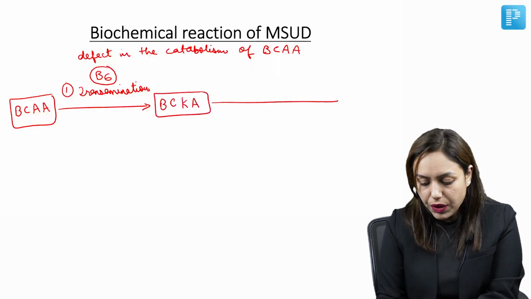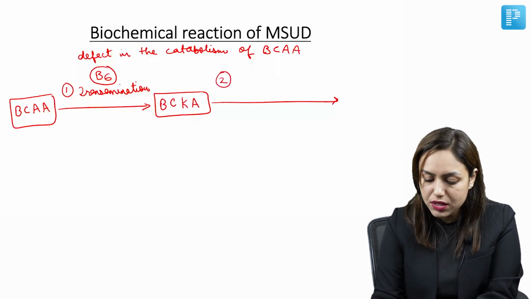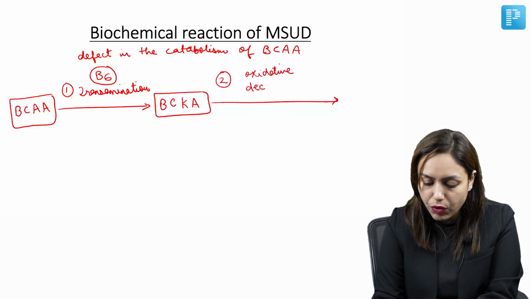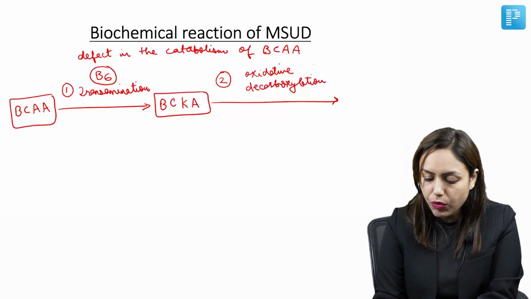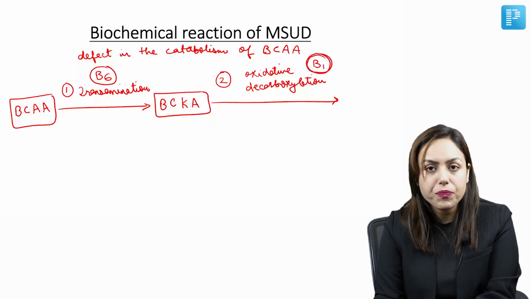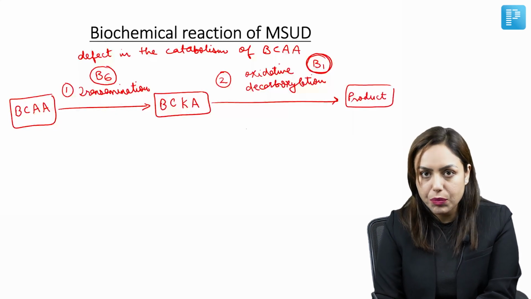Now, in branch chain amino acid catabolism, the second step is a step of oxidative decarboxylation. Any step of oxidative decarboxylation requires vitamin B1. Whatever product is formed here, there is no need to learn that. Just concentrate on this second step.